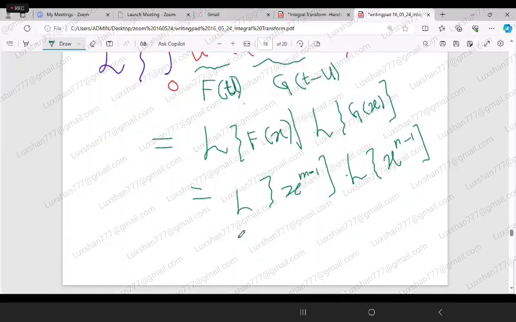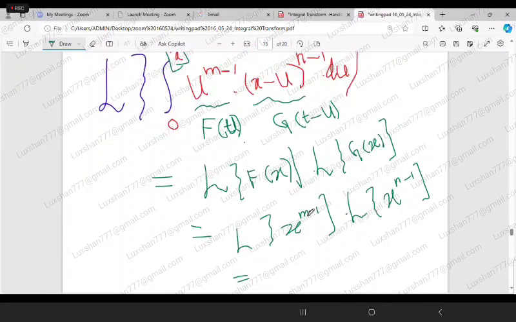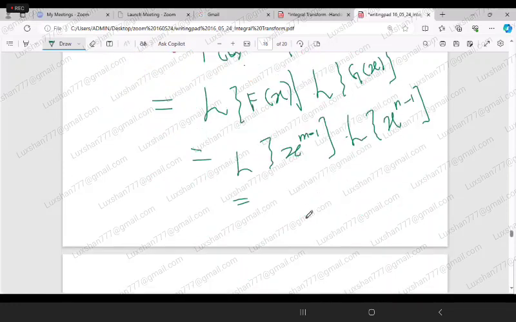Okay. So using the gamma function, you can write this one. What is this actually? This is gamma m over s to the power m, into gamma n over s to the power n.